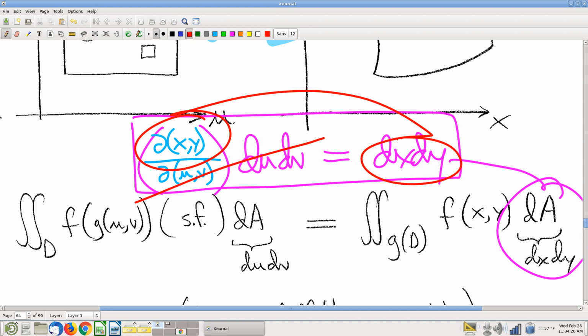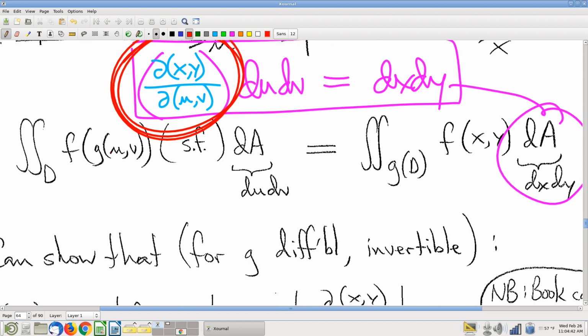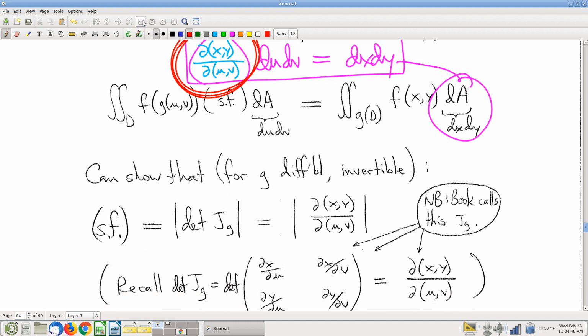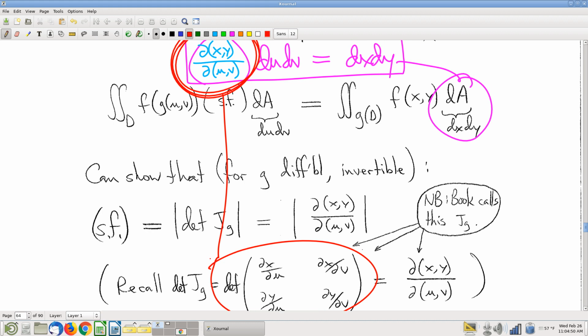So that's pretty darn convenient. You're going to find that even computationally, there's a situation that's going to come up very soon where that's, in fact, extremely helpful and will help us keep certain things straight. So I encourage this notation. Now, I want to emphasize this is not actually a fraction, right? I mean, it says so right here. Let me zoom back out. That is a determinant. Determinants are not fractions. So it's not a fraction.